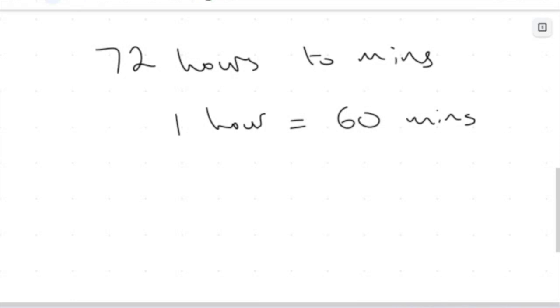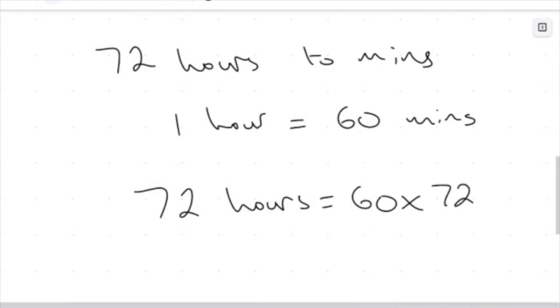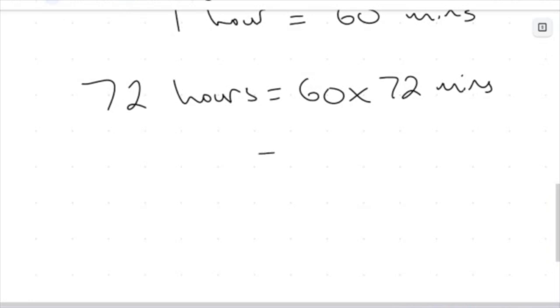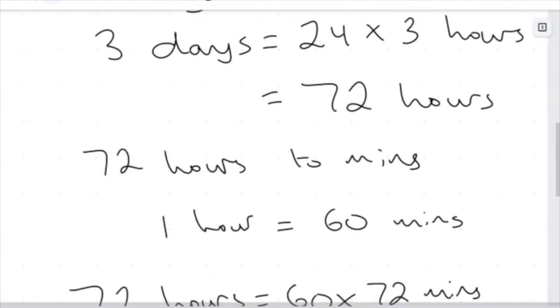So for 1 hour, to get to 72 hours, that gives me 60 times 72 minutes. Let me center this a little more. And when I do that multiplication, that's going to give me 4,320 minutes.